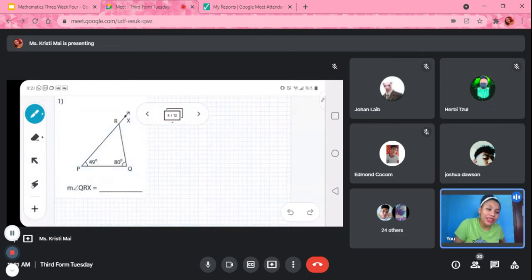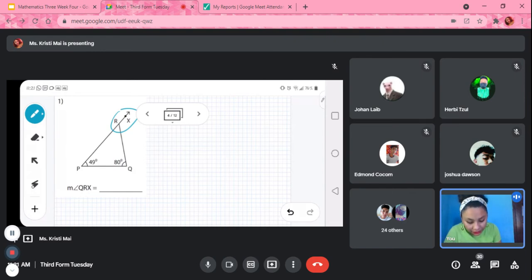So now this one, well, the first 3 questions talked about the interior angles, right? But the following 3 questions talk about exterior angles, and you're looking for exterior angles. Now, in this case, we're going to use the third theorem. The third theorem says that if I am looking for an exterior angle, for example, I'm looking at 4x over there, I need to add the two opposite interior angles.